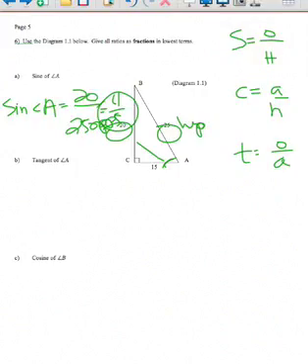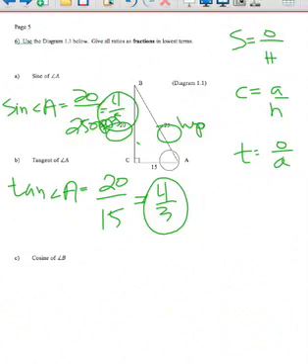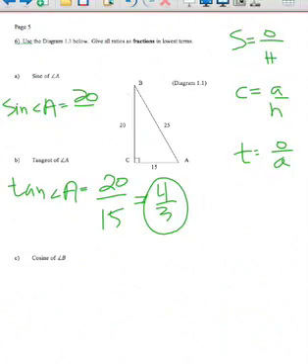Tangent of angle A equals the opposite, which is still 20, but this time we have the adjacent, which is 15, and that reduces to 4/3. Cosine of B, we have to erase a lot of this. Put that solution back up there.